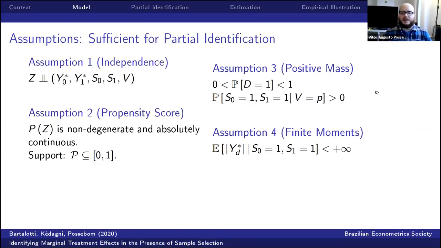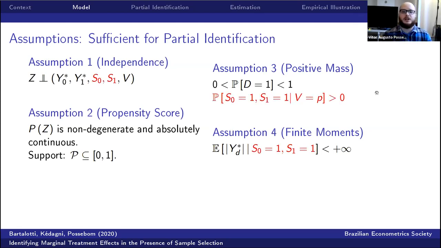So now let's understand our assumptions that will allow us to identify the MTE function. The first 4 assumptions are sufficient for partial identification, and they are similar to the traditional assumptions in the MTE literature. However, since we also have sample selection in our framework, we have to add a few bits to the usual assumptions.